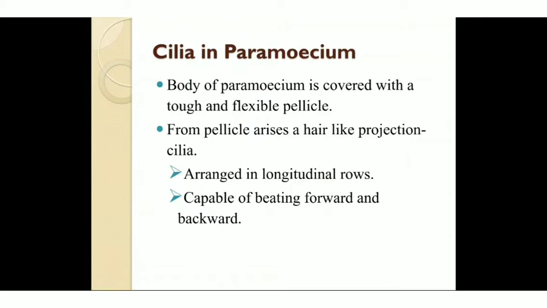The cilia are arranged in longitudinal rows, and their function is locomotion, for which they beat either forward or backward. By beating forwardly or backwardly, they can move the animal from one place to another.